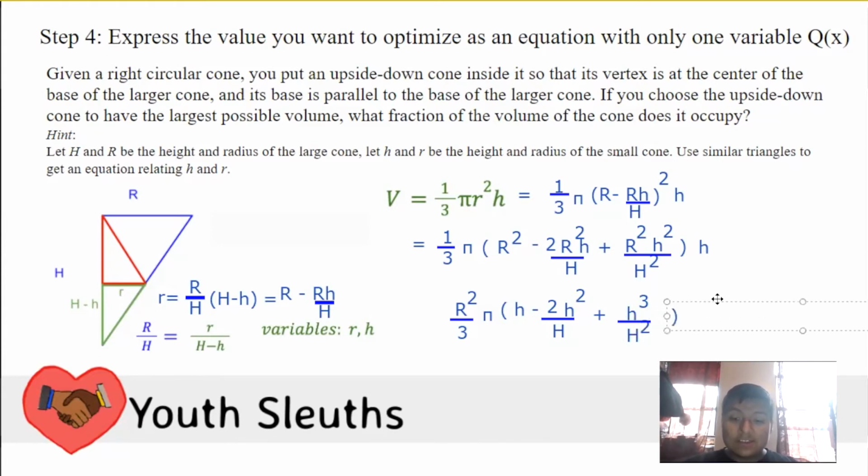We close the parentheses again. So now that we've simplified this, for the next slide, we will be finding the constraints, which is the smallest possible value for the little h and the highest possible value for the little h.